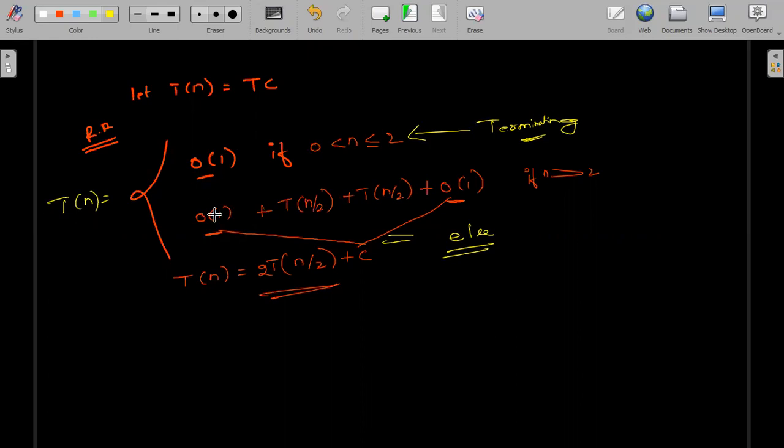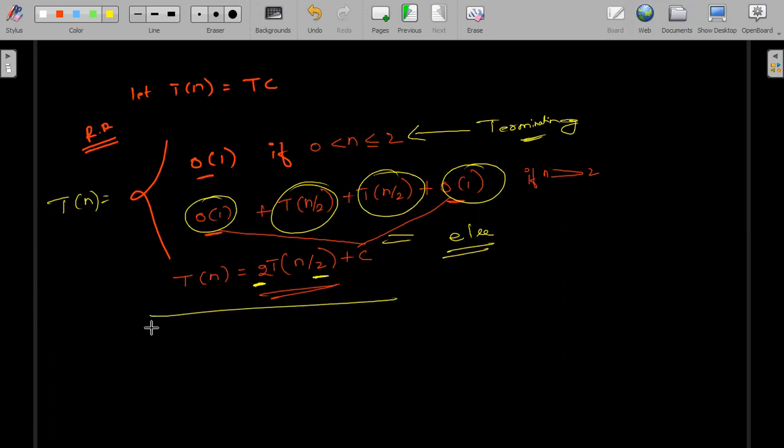For the else part I written this: for division, again for this one combine, for this one recursion. Nothing but two subproblems are there, and the size of the subproblem is n/2. Okay, this is our master theorem actually. It satisfies our master theorem. Yes or not? Okay, that is fine.